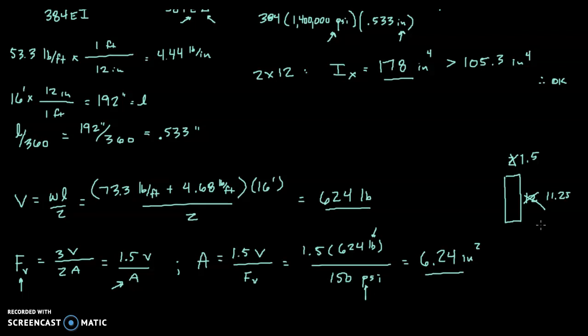So we could calculate this area using these dressed dimensions, as they're called, the actual dimensions. Or we can just simply look up in the appendix the area that's already tabulated for us. A 2 by 12 has an area of 16.9 square inches. So 16.9 is much greater than 6.24.